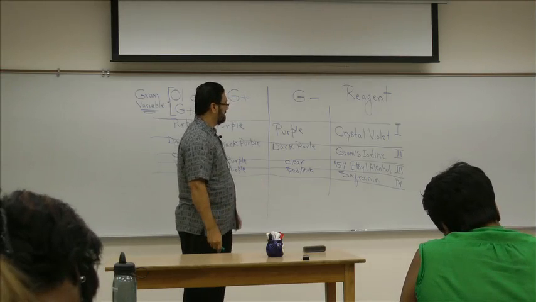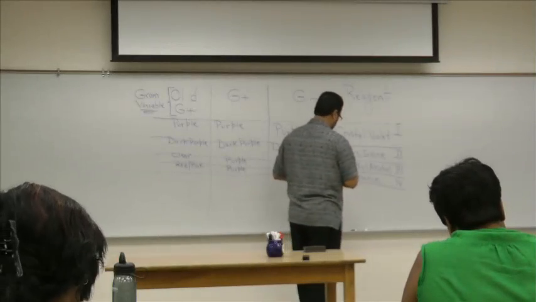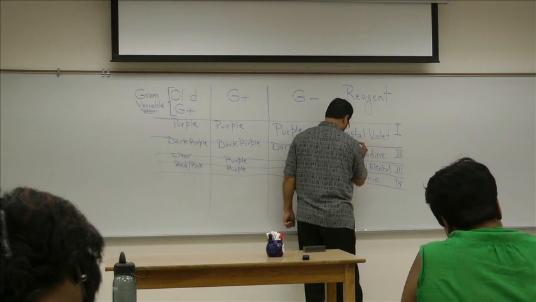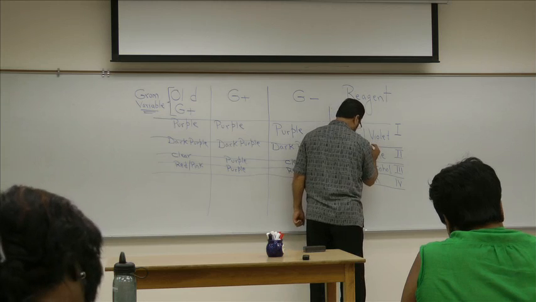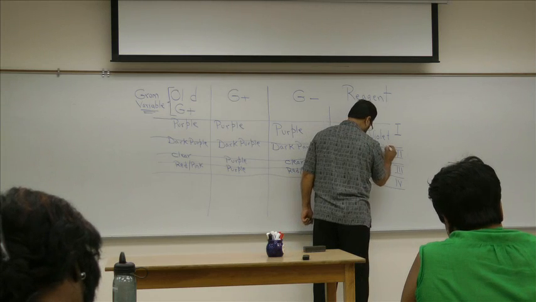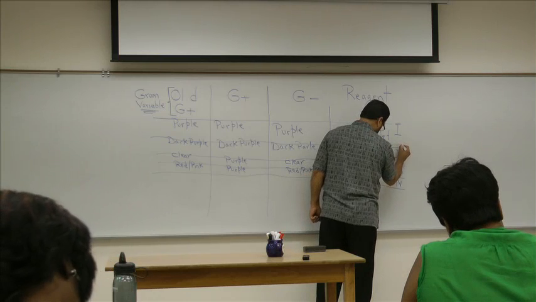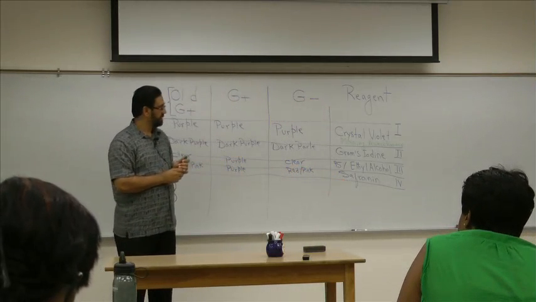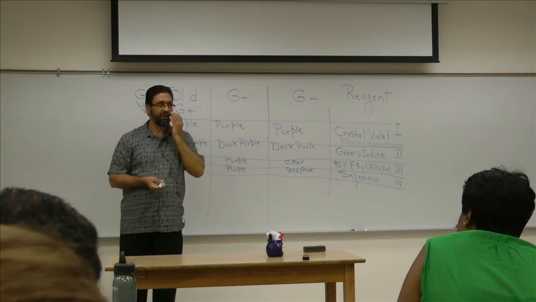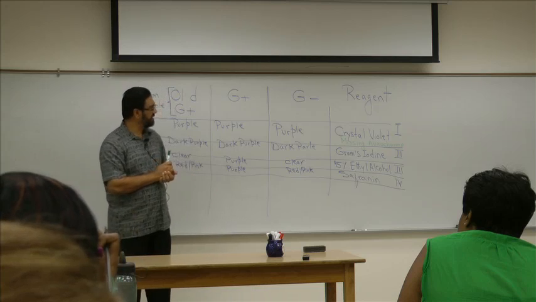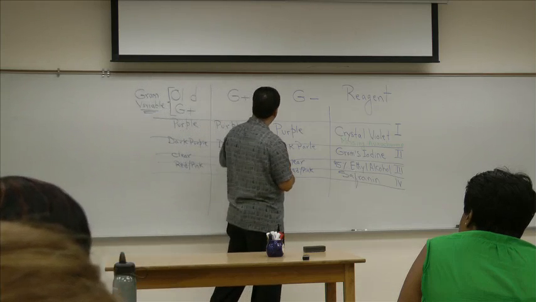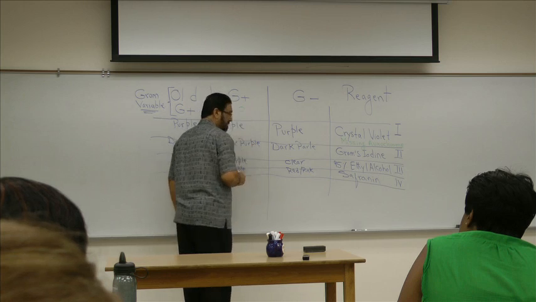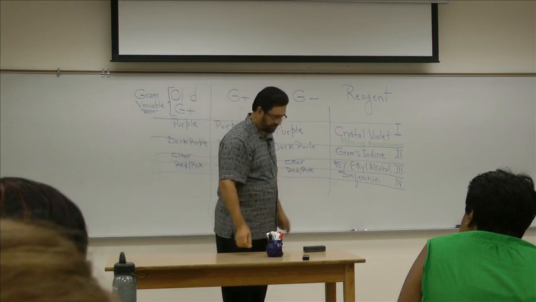Crystal violet missing. Auxochrome missing. If it is missing, what is the color of this bacteria at the end?